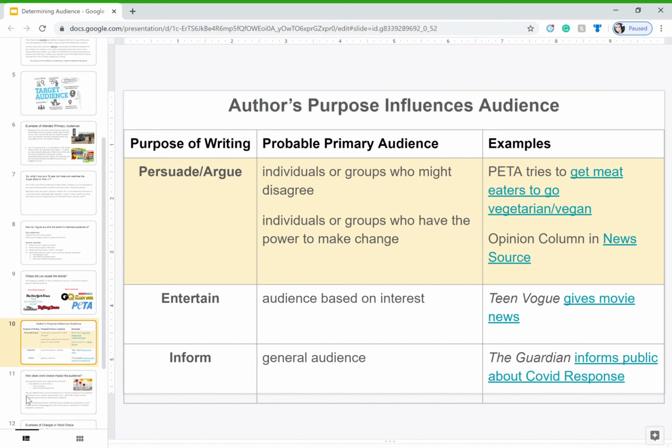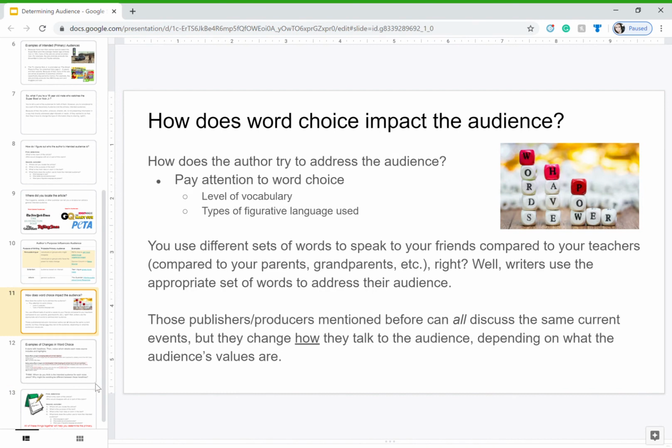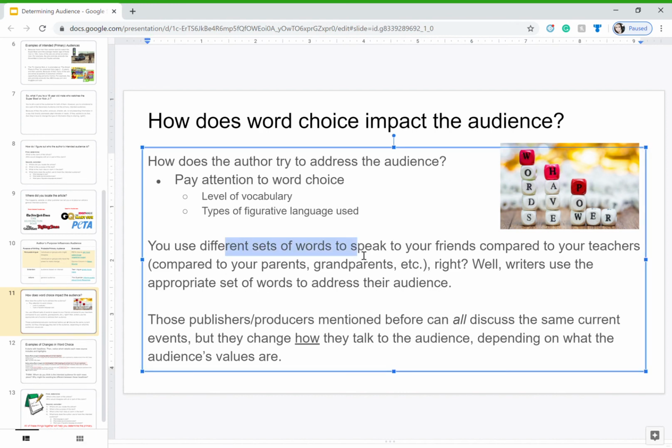Now, the more we really look at how word choice impacts the audience, which is what I was speaking about right before my little segue, we have to think about the author's word choice, the level of vocabulary, and the types of figurative language used, all of which I addressed. You often use different sets of words when you speak to people.